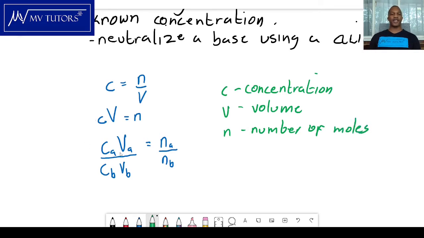Now this formula is in your formula sheet. If they ask you a simple question about it to solve, then you can basically use it. Okay, it's just one of the principles that are required to solve questions. You don't need to cram it, but I just wanted to show you where it comes from.